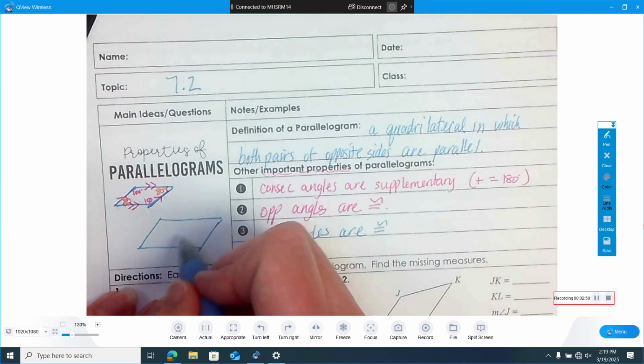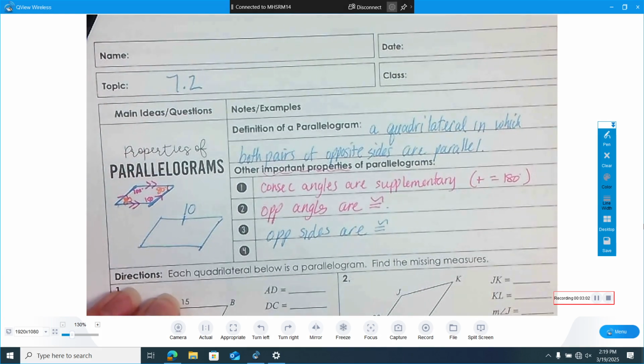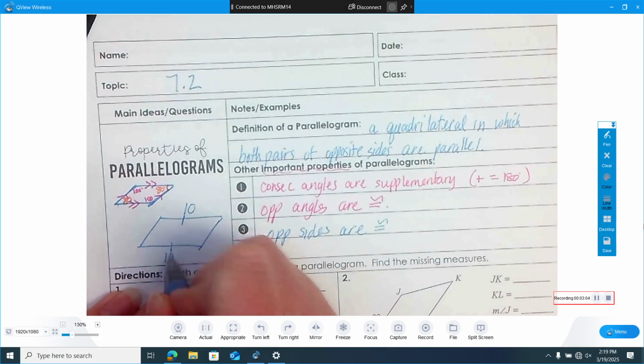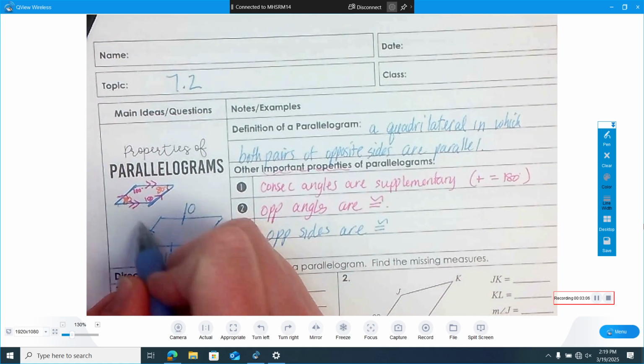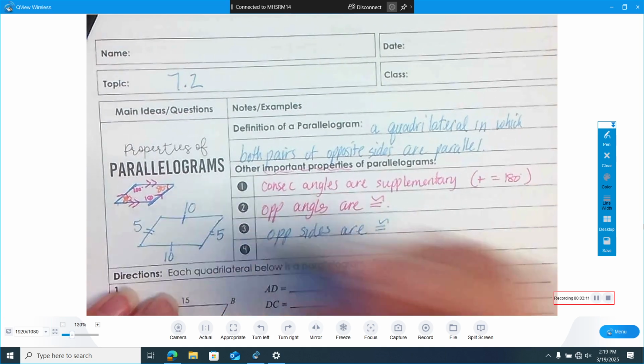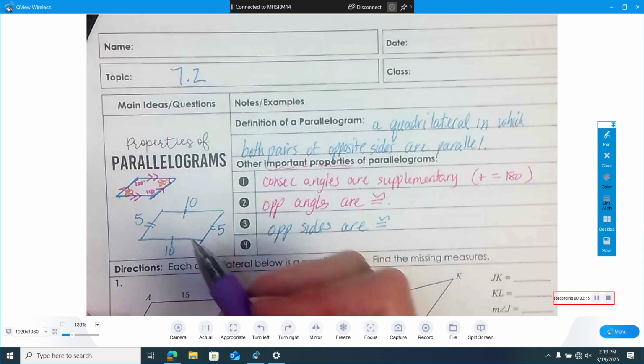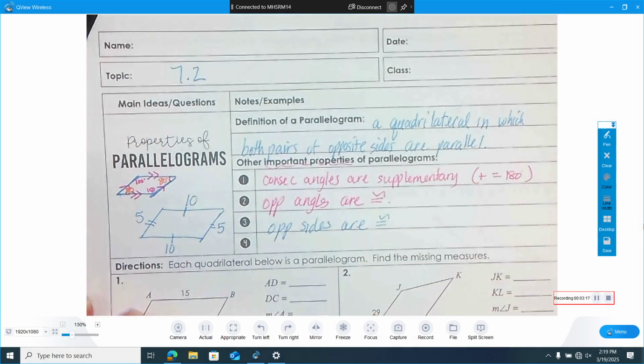So if this side is 10, which other side is 10? The opposite side is 10. Crazy. If this side is 5, what is the right-hand side? Also 5. Fantastic.